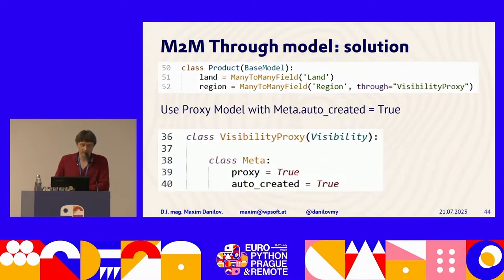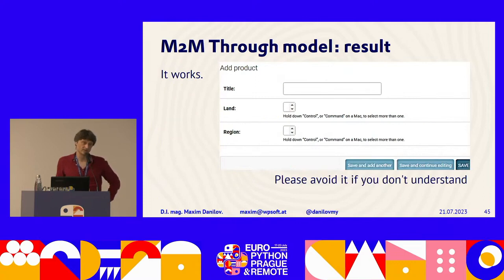But if I use a standard model instead, and I only add one attribute in Meta, auto_created, automatically it works. But please avoid it if you don't understand how it works, because it can be painful in the future. We have used this possibility already for 3 years.